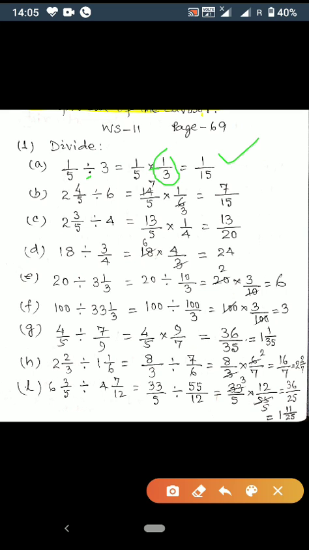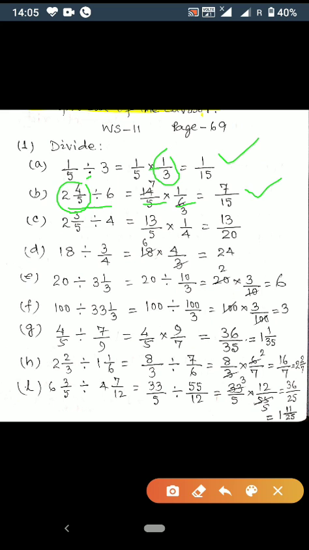Question B, 2 whole 4 by 5 divided by 6. First change the mixed number into an improper fraction. The 2 whole 4 by 5 can be written as 14 by 5. Change the division sign into a multiplication sign and write the reciprocal of the divisor 6.